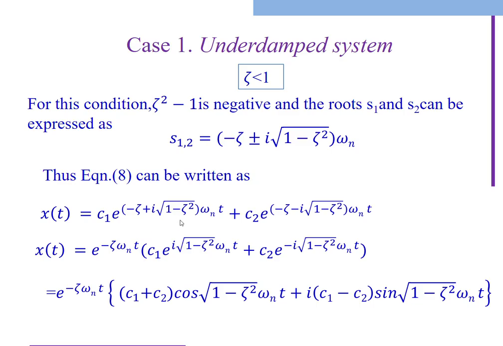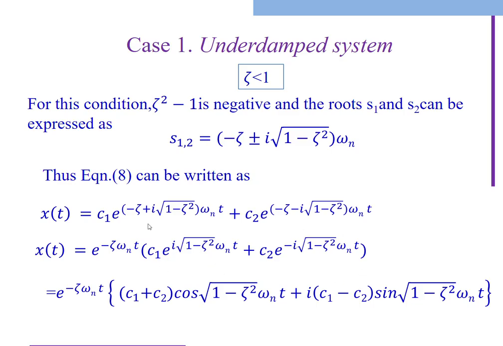And the intermediate terms: the exponential term with constant c1, e, and another parameter i under root of 1 minus zeta square, omega n into t, and c2 into e to the power of minus i under root of 1 minus zeta square into omega n into t. For these two terms we have written the cos format. For complex numbers we used to take roots like this.